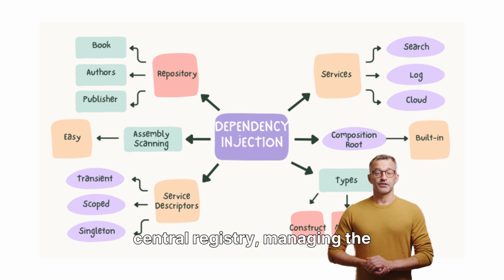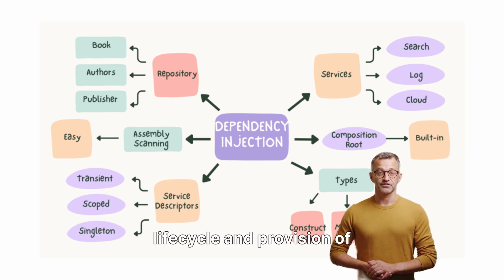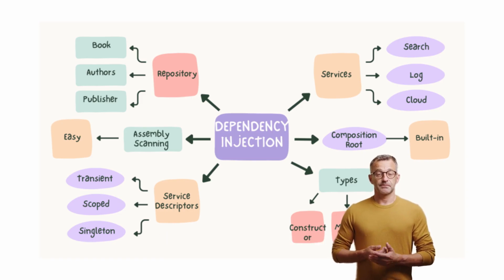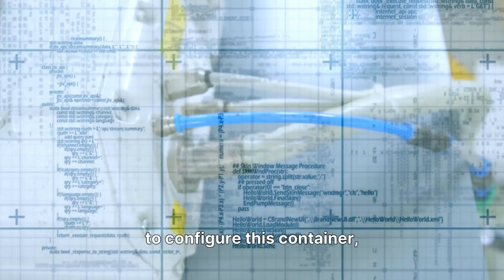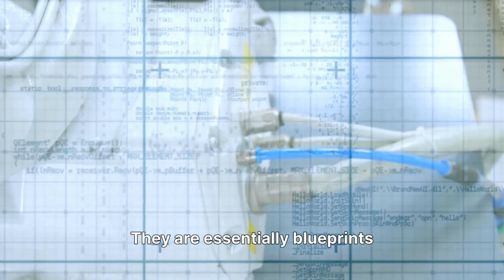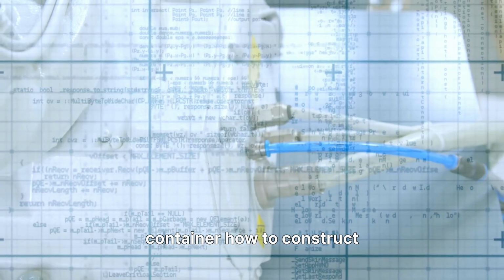It acts as a central registry, managing the life cycle and provision of various services and objects within your application. Finally, installers are used to configure this container, specifying which classes should be injected and how. They are essentially blueprints that tell the DI container how to construct and provide dependencies throughout your project.